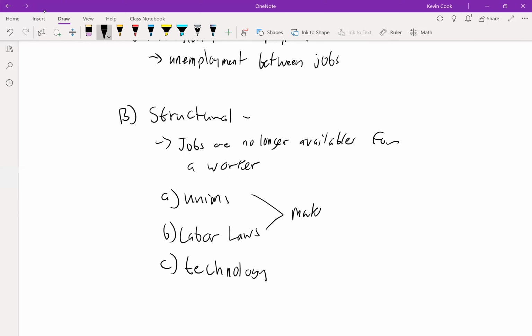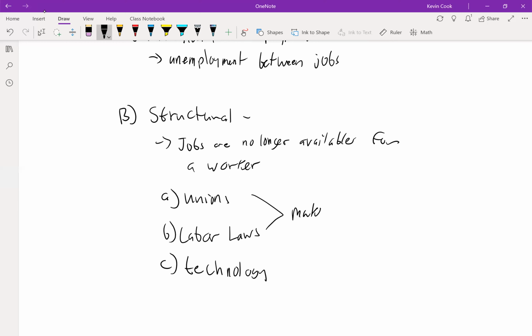But if your only skill is to be a farmhand, then you need to find something else that you can be good at or pick up new skills. So we have our structural unemployment, and this again is more of a long-term type thing. If my job becomes no longer available or doesn't exist anymore, and I don't pick up new skills or go looking for something new, then I will be unemployed for the long run.